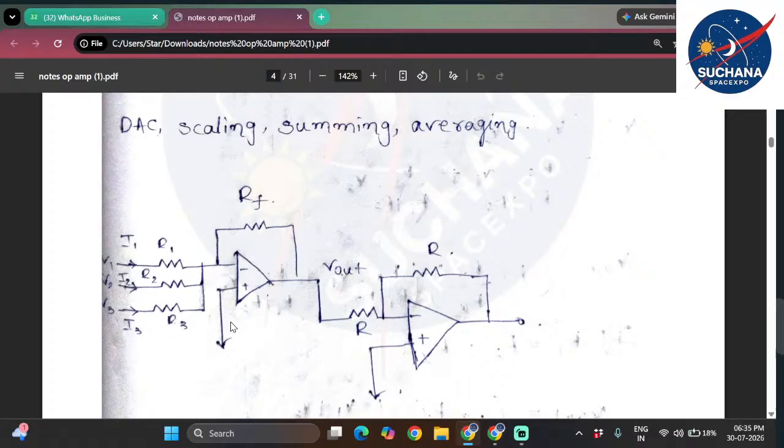If somewhere else you come across an additional resistor placed in the path of the non-inverting terminal, even though you are operating the op-amp as an inverting amplifier, don't be confused: that additional resistor is part of correcting the offset, to reduce its effect. To be more precise, to reduce the effect of offset, an additional resistor referred to as a compensation resistor is used. I hope it is clear now.